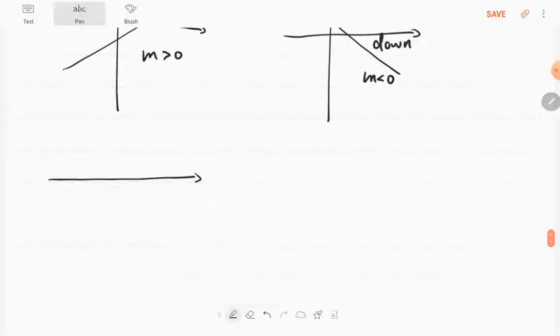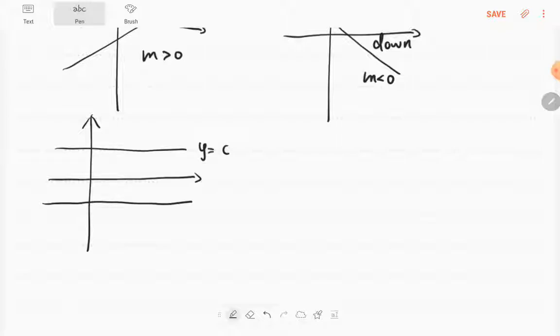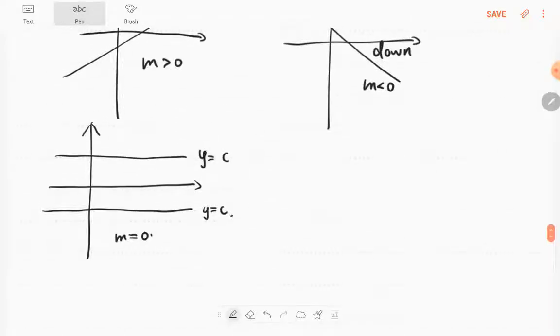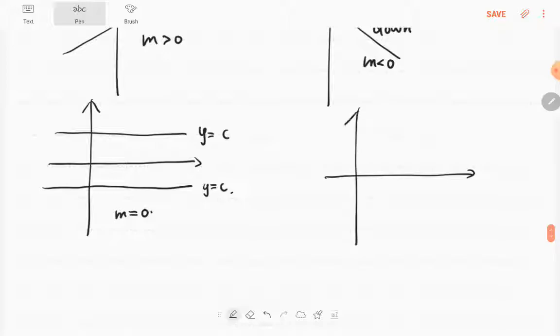But we sometimes will have a horizontal line. It will be y equal to a fixed number. So for this horizontal line, m is 0, the slope is 0. Of course, we have another special case called the vertical line, that will be x equal to a fixed number. Then it's parallel to the y-axis, it's a vertical line.